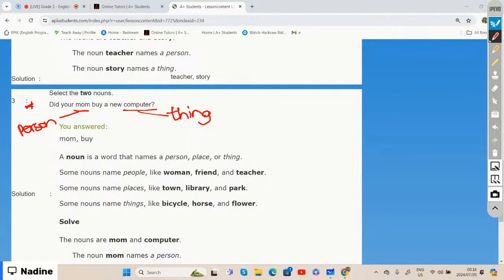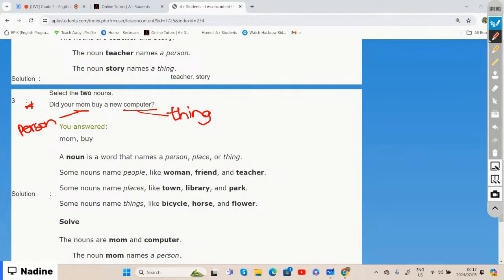So do you see how we can identify whether it's a person, a place, an animal, or a thing? That is basically how we are able to select nouns. If you are told to select a noun within a sentence, just think of a noun. It names a person, a place, a thing, or an animal. Once you grasp that, it will be easier for you to select nouns within a specific sentence.